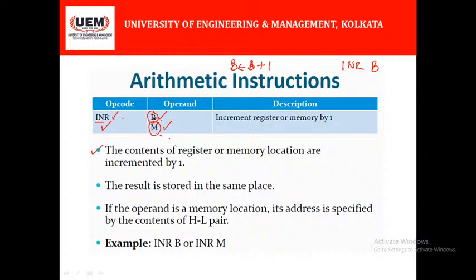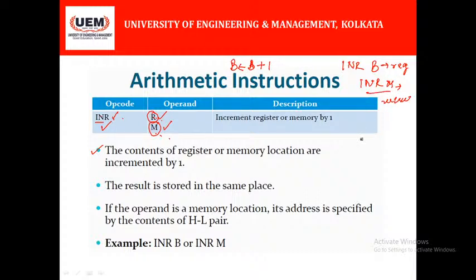In INR R, your operand, or source data, is stored in a register, so it is in register addressing mode. So INR B is in register addressing mode and INR M is in memory addressing mode.